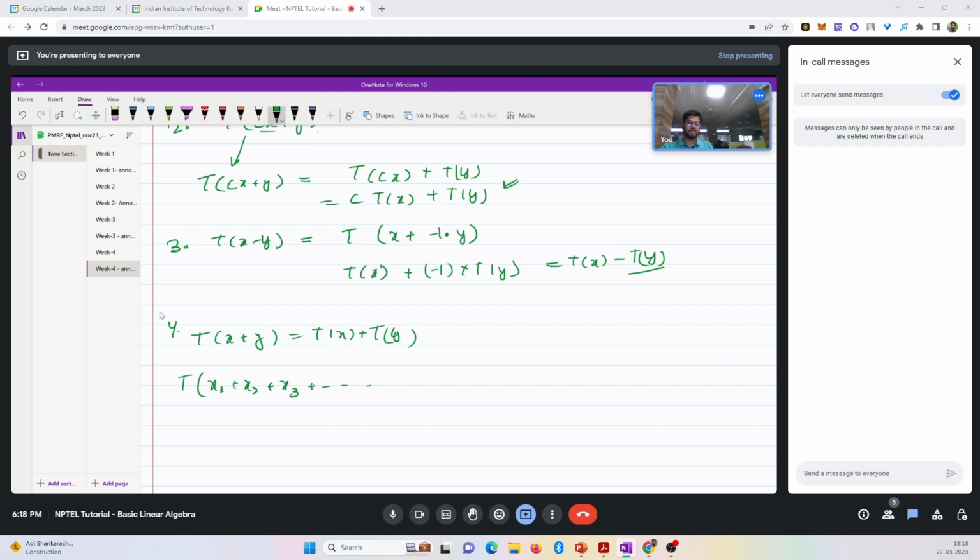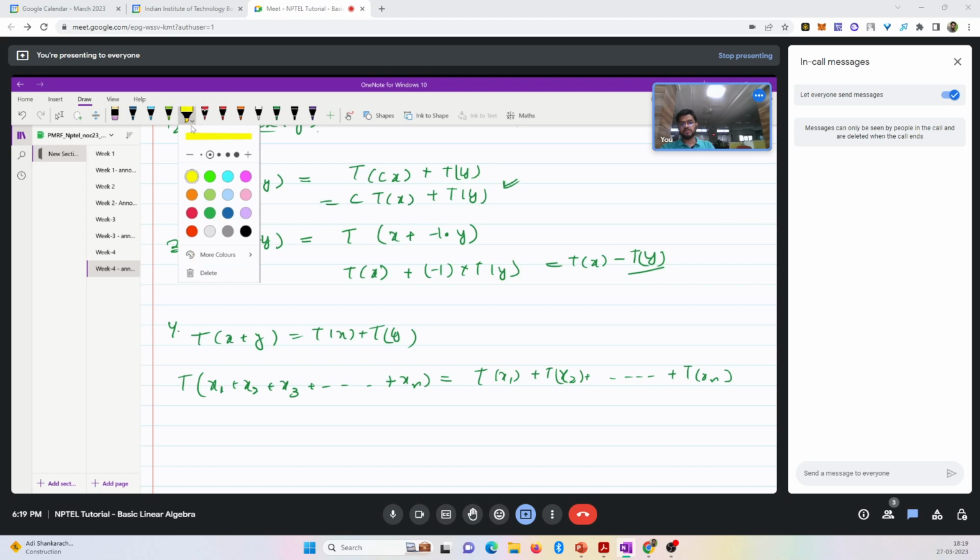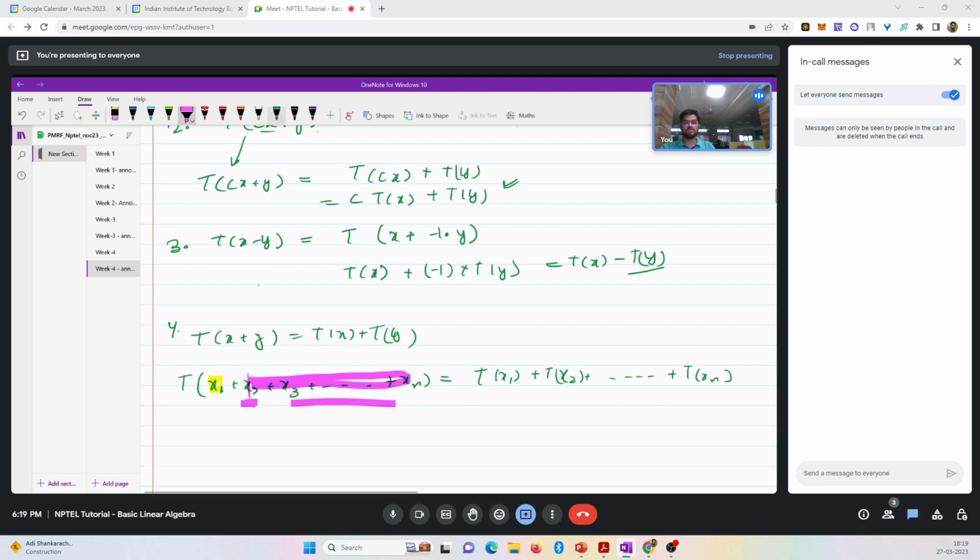So if you have something like this, you can split it again, T of x1 plus T of x2 and so on. If you want to prove this, you can prove it one by one. You can take the first element as x and the rest of them as y, and in the next step you can take the next element as x and the rest of them as y, and so on. You can proceed and prove this particular thing.